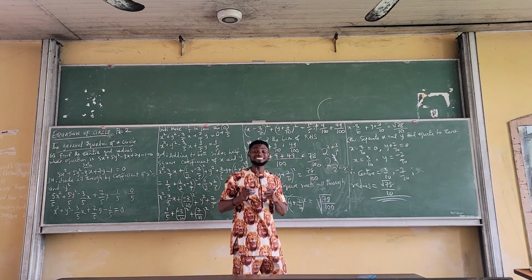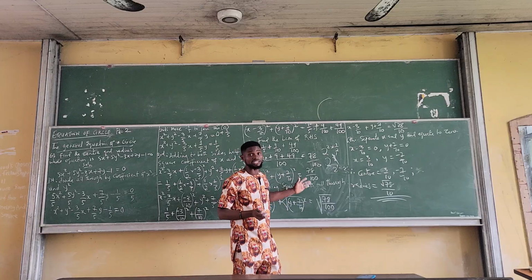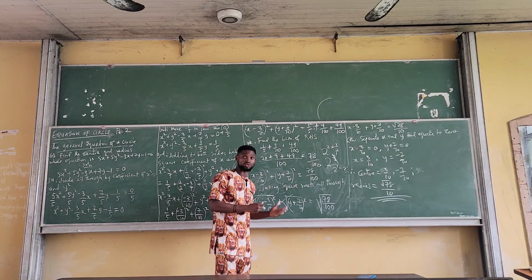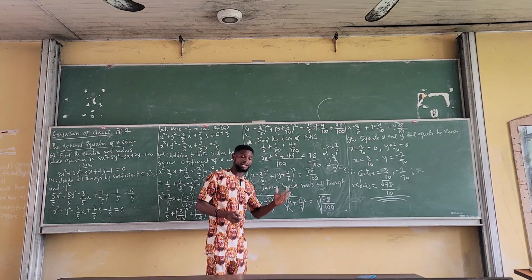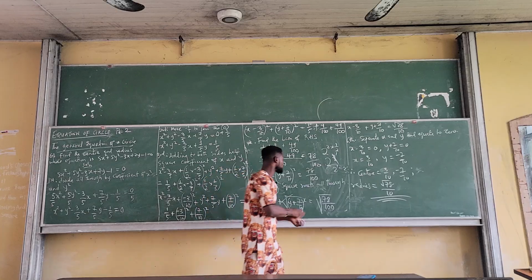So that is the easiest way to eliminate a square. And if it is in square root, you use square to eliminate the square root.